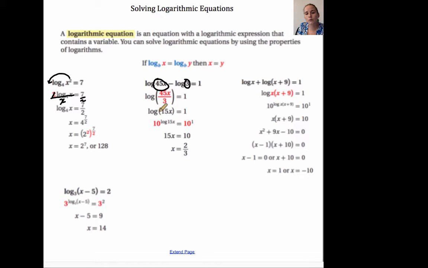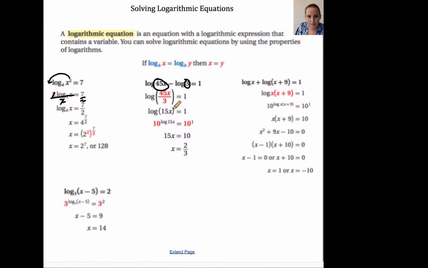So in order to get rid of it, I need to eliminate the log. What do I do to undo a log? Well, I put the log in the exponent and use the same base. Because this is a common log, I use a base of 10, but what I do to one side, I have to do to the other.